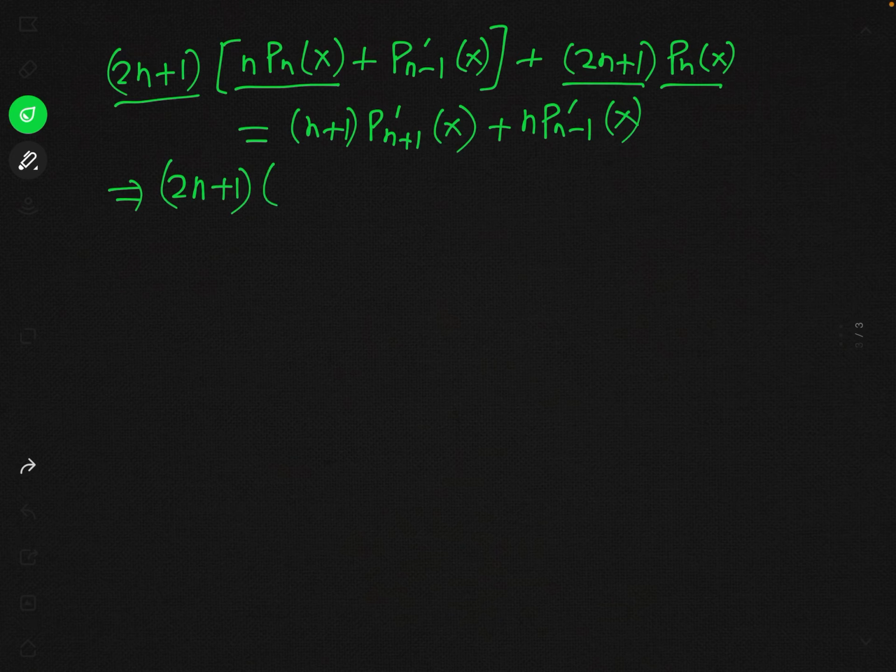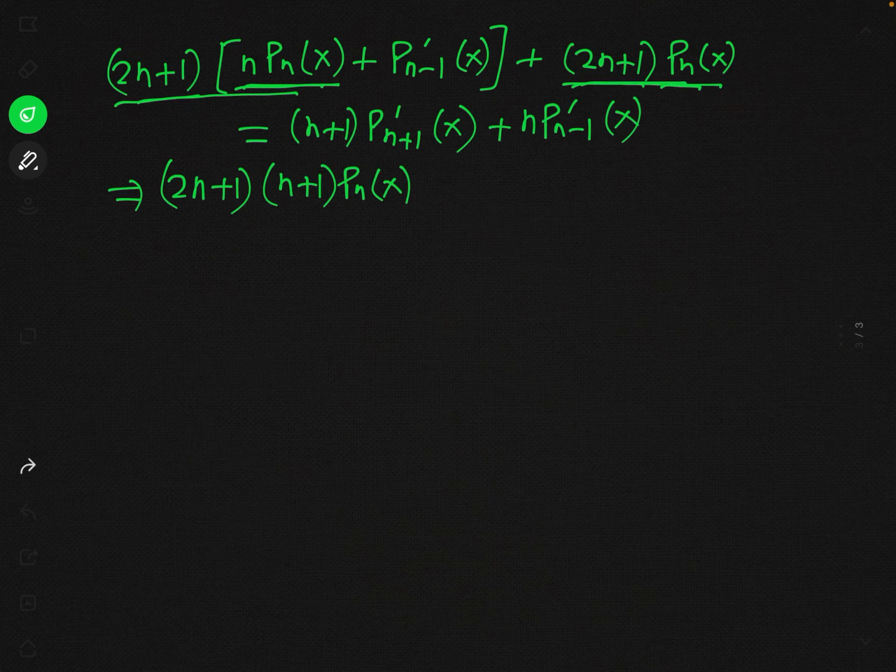So this will be n plus 1. In fact, in this first term n will remain, and in this second term only 1 will remain, and Pn of x is as a common factor. So we have associated this first term in LHS and this third term in LHS.